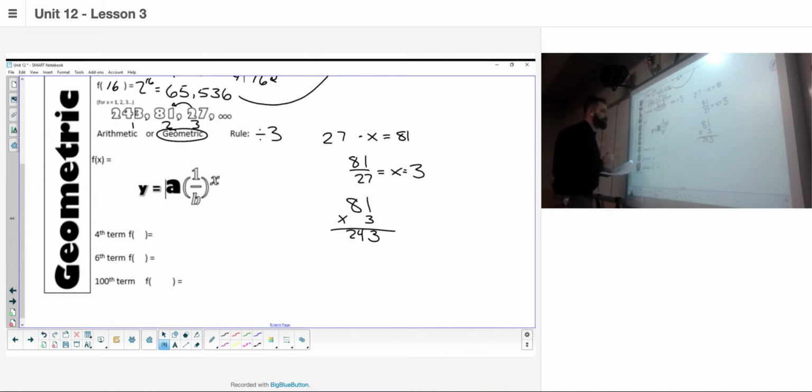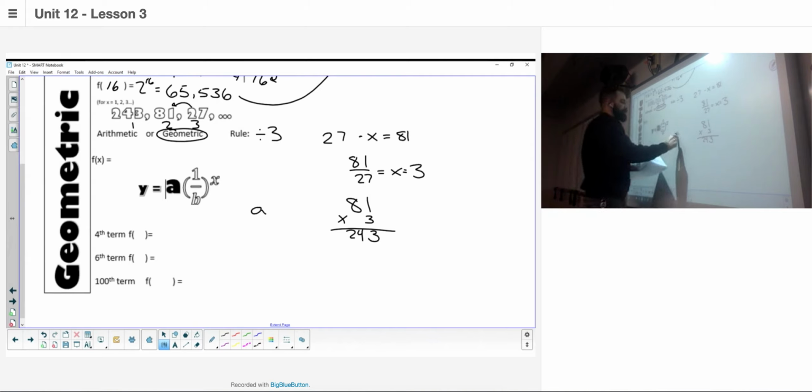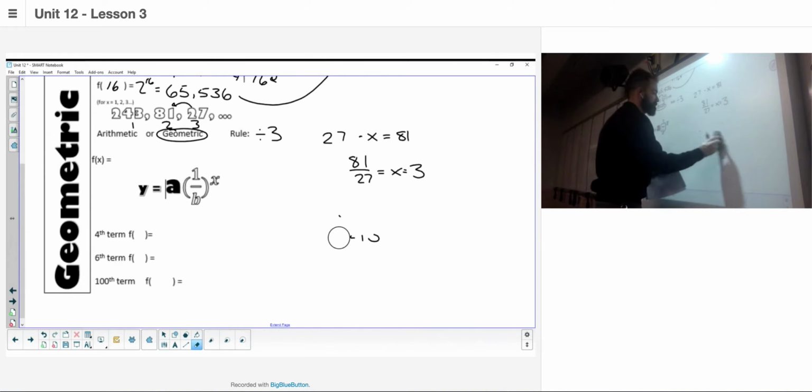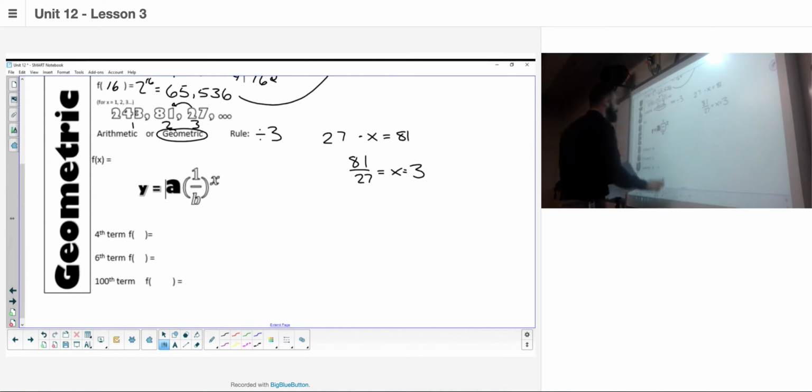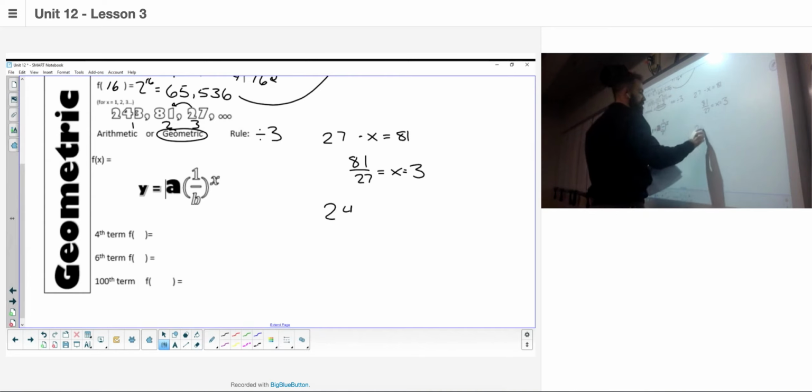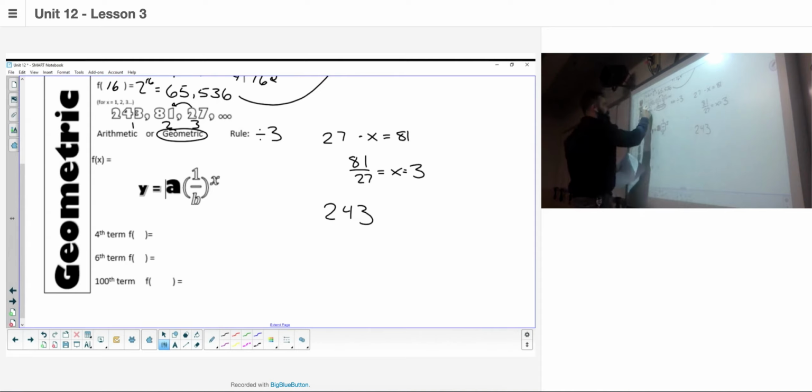If you notice, instead of writing just our rule as being 3, we still have to figure out term 0. To figure out term 0, we have to go the opposite way, from 243 this way.